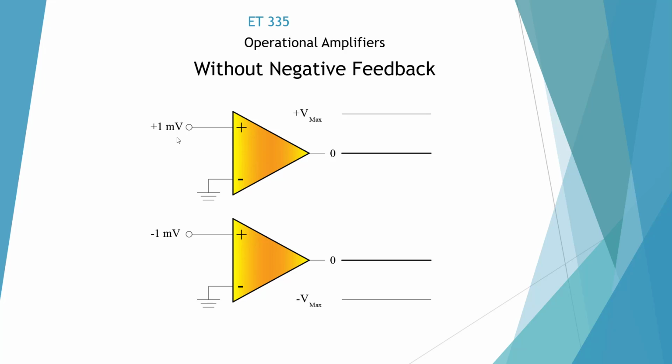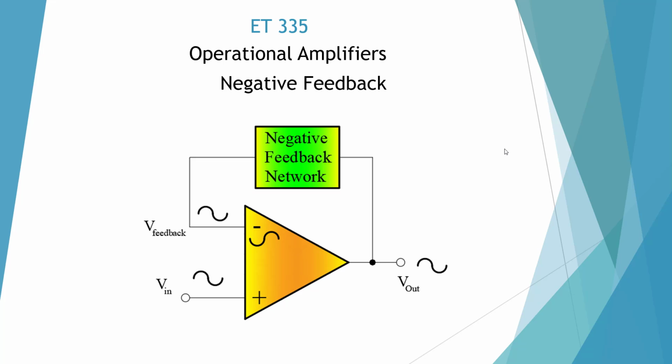So if I put a plus 1 millivolt, it's going to drive it up to the maximum voltage. If I put a minus millivolt into the non-inverting, it's going to drive it to the maximum minus voltage. So without negative feedback, this device really can't be used as an amplifier.